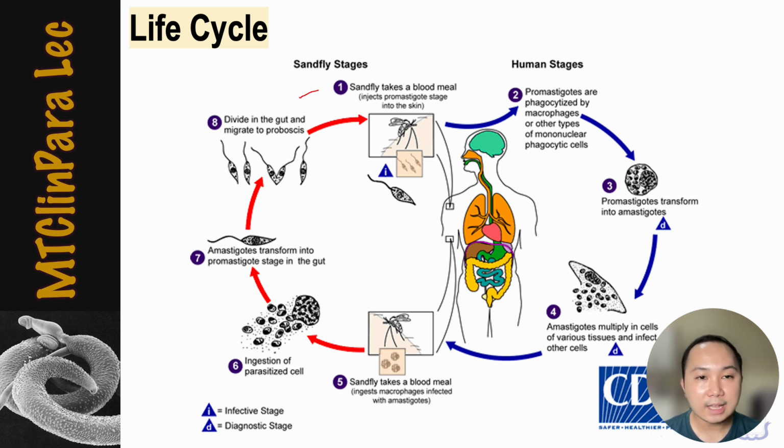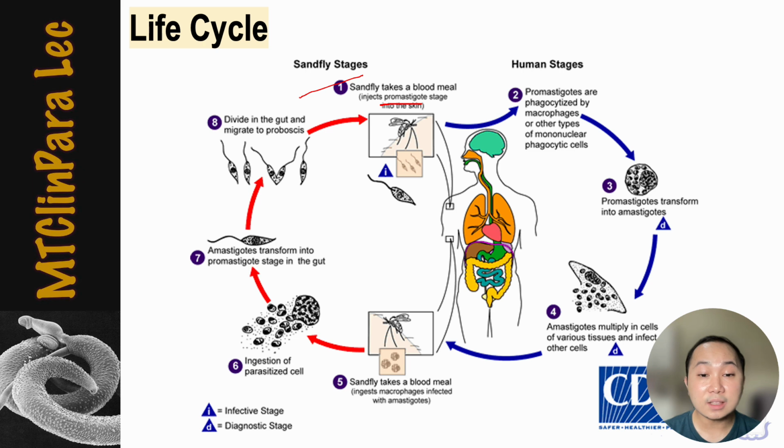As you can see here, the sandfly taking a blood meal will introduce the promastigote, the infective stage, to the human host. Usually, this promastigote may reside in the bloodstream or also in the lymphoid tissue of the host. Inside our tissues and bloodstream, macrophages are present.